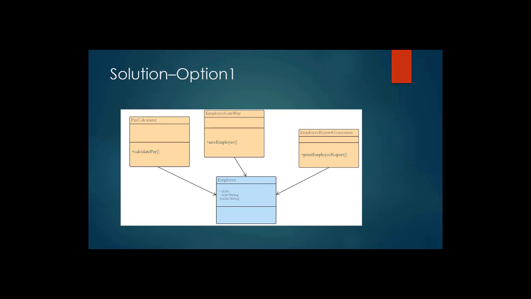Each of these classes is responsible for one thing: PayCalculator to calculate pay, EmployeeGateway to save employee data, and EmployeeReportGeneration to print the employee report. So it follows single responsibility principle, where each class is responsible for one thing and not multiple things. We will look later in the coding section at how it's done, and we will look at some code.